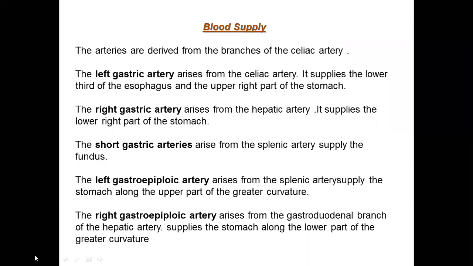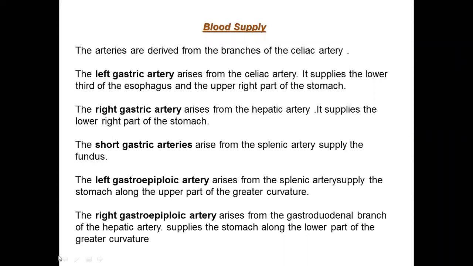So if I quickly revise for all of you, the arterial supply of the stomach, all the branches come from the celiac artery. It is divided into the right and left gastric arteries, the right and left gastroepiploic arteries, and then we have the short gastric arteries.